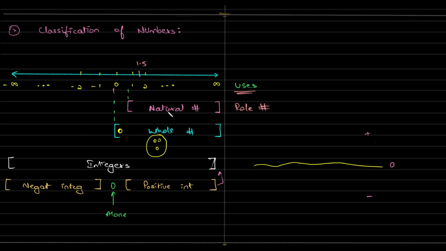Integer is made up of whole number along with the negative integers. That's the basic idea. So I hope you guys can remember the classification of numbers. Okay, it's important, and it's especially useful when you are talking about MCQ questions. They can trick you with just changing the number classification, natural number, whole number.